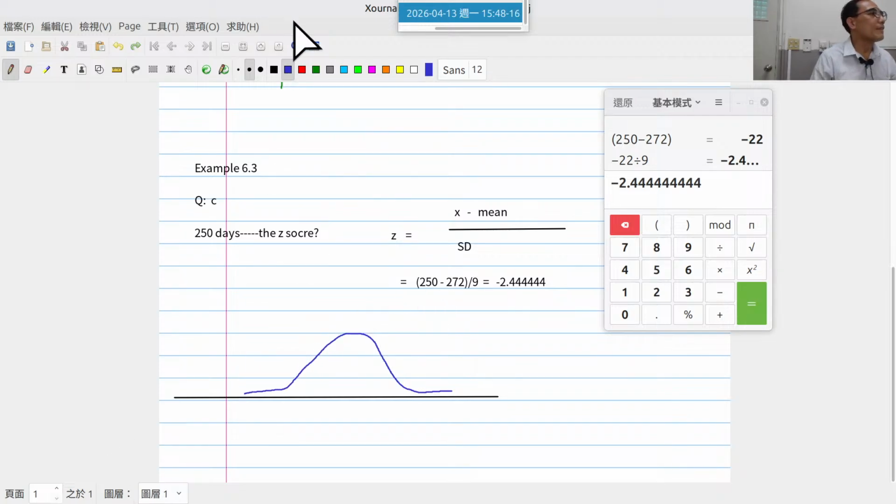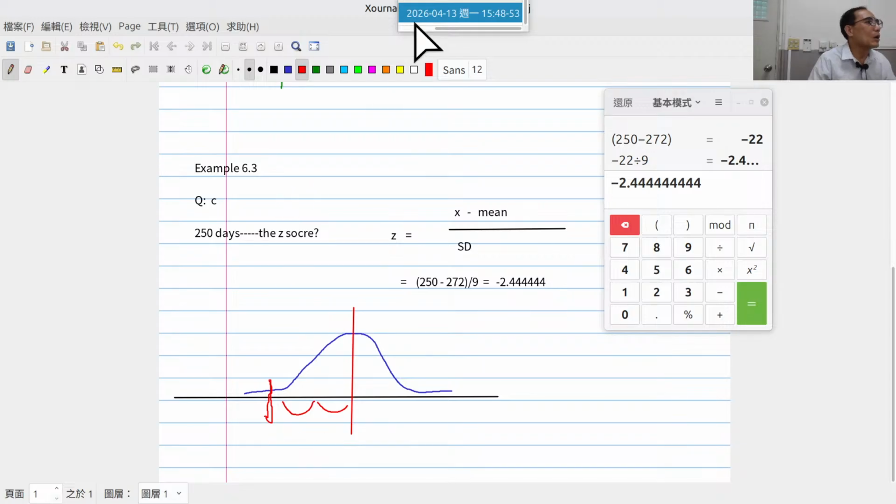Here is the mean, and we know that minus 2.44 is on the left side. One standard deviation, 2 standard deviations, close to 2.5, and we know the location should be here. The z-score minus 2.44 means it is on the left side, more than 2 standard deviations away.